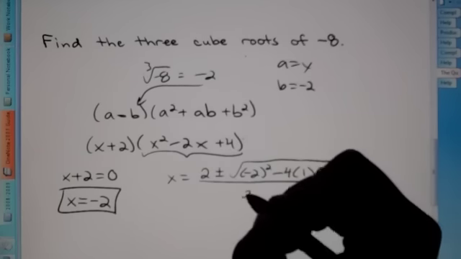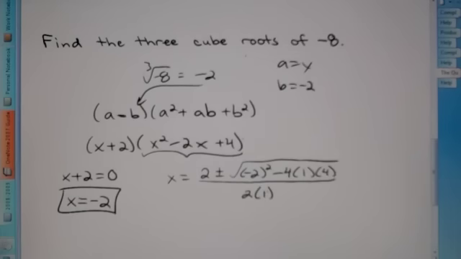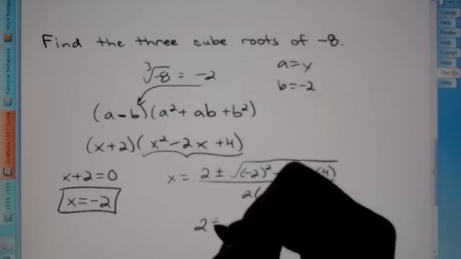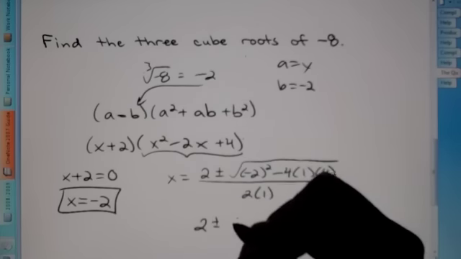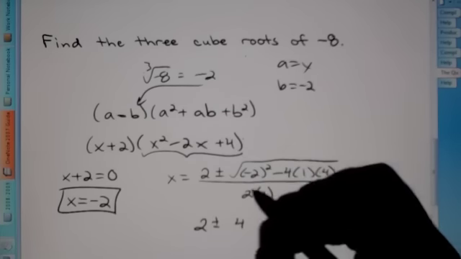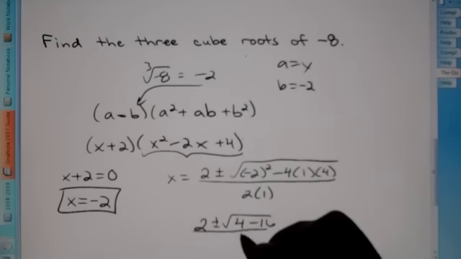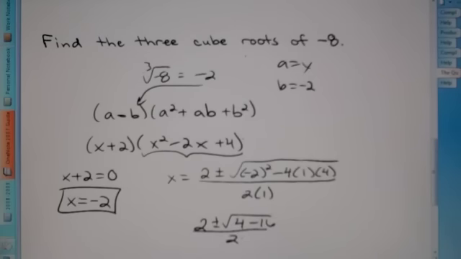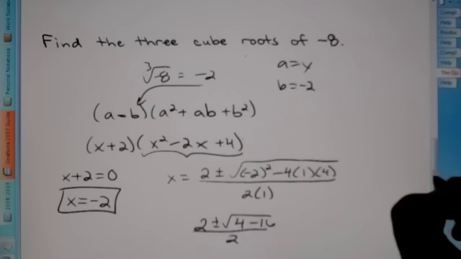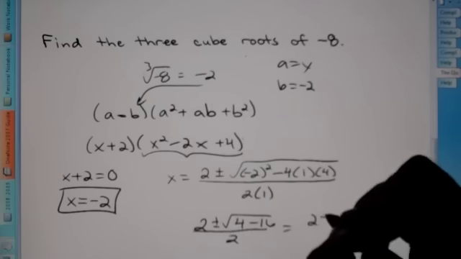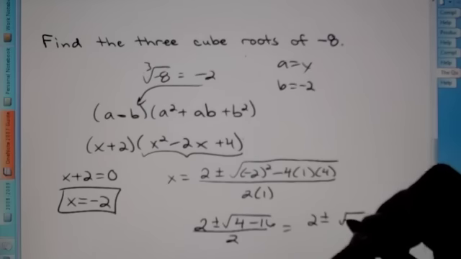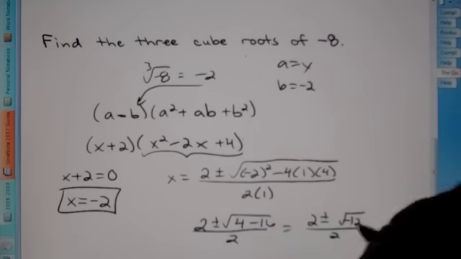All over 2 times a, which is 1. Alright. So we have 2 plus or minus negative 2 squared is 4. Negative 4 times 4 is negative 16. We have a root over that. Okay. Well, here we end up with 2 plus or minus the square root of negative 12 over 2.